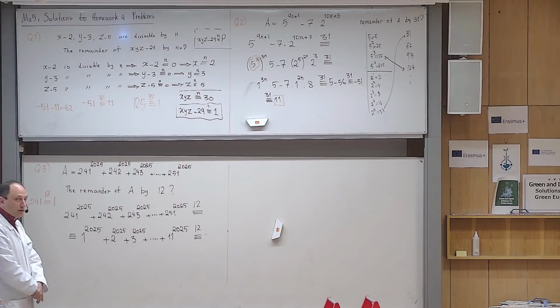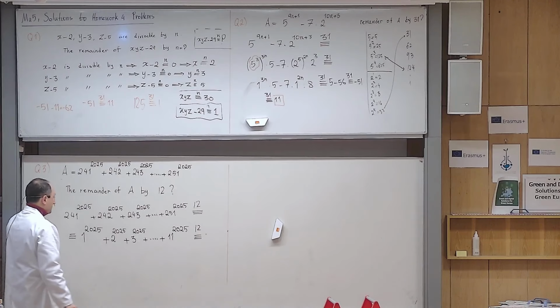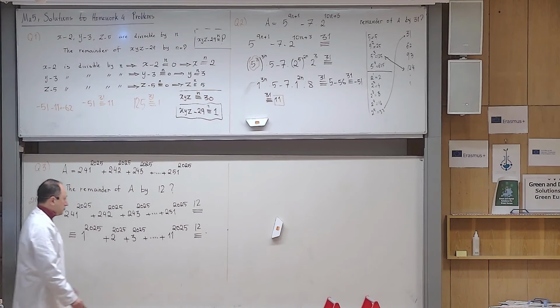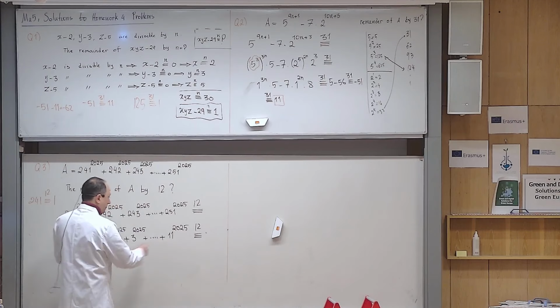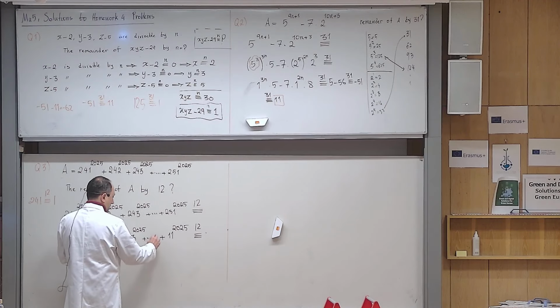Okay, what can I do now? Do you see the trick? For example, let me give you a hint. So what is the number before this? When I reach 11, what is the previous one? It is 10.